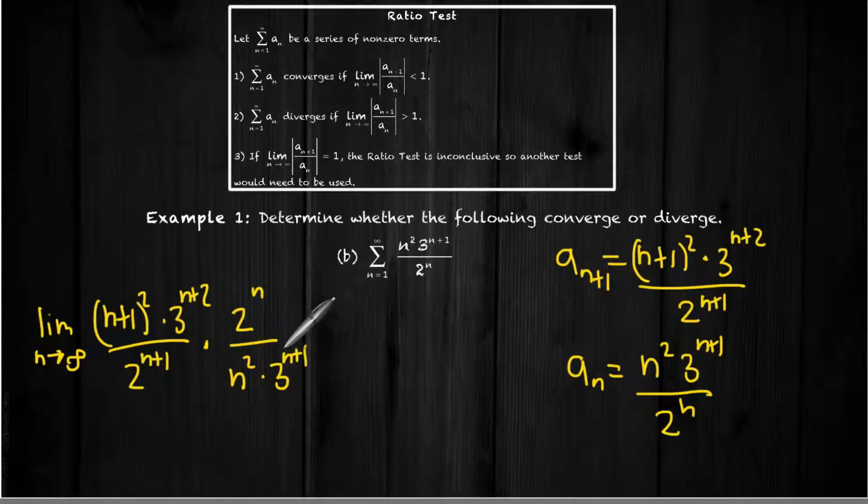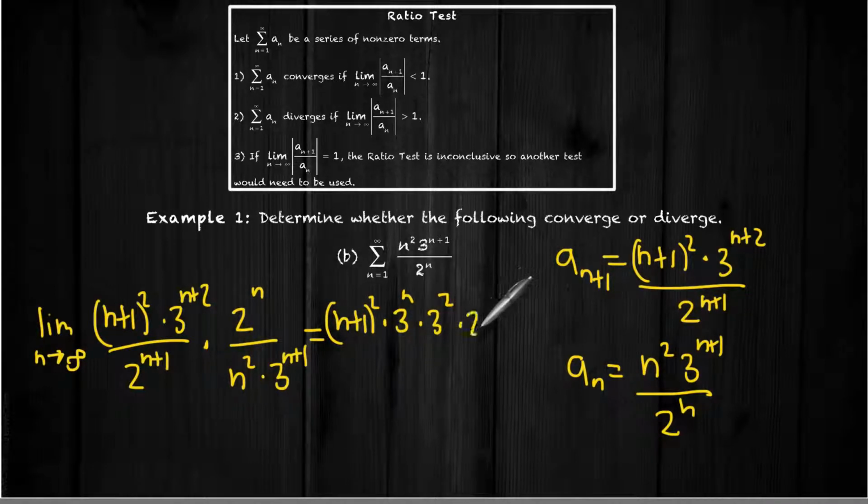Now with this ratio test, you got to break up a lot of these exponential functions. So we're going to do that now. So we're going to keep the n plus 1 squared, and then we're going to break this up into 3 to the n times 3 squared times this 2 to the n.